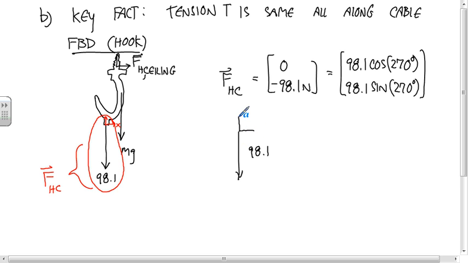So there's the coordinate system, and it's going counterclockwise from x. It's 90, 180, 270. And then 98.1 is the magnitude. Other questions? For a positive angle, you could also call this cosine and sine of -90, go clockwise, and it would give you the same thing.